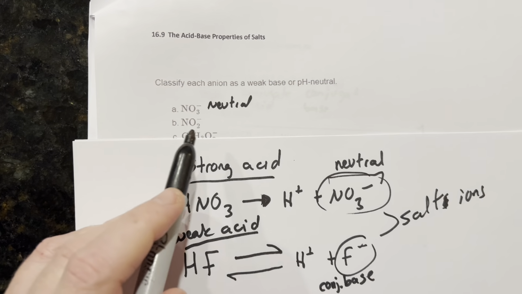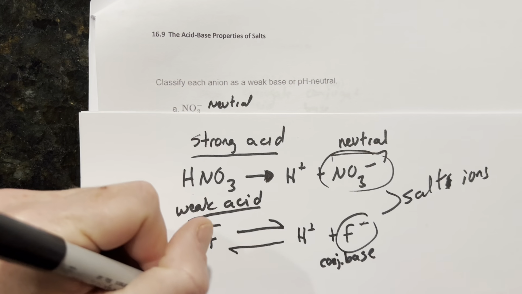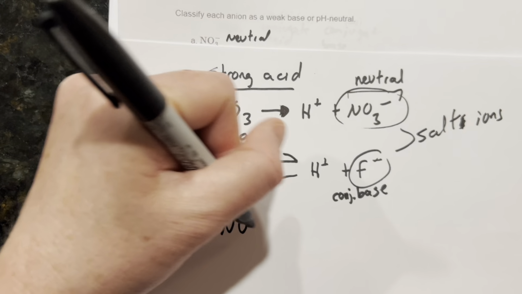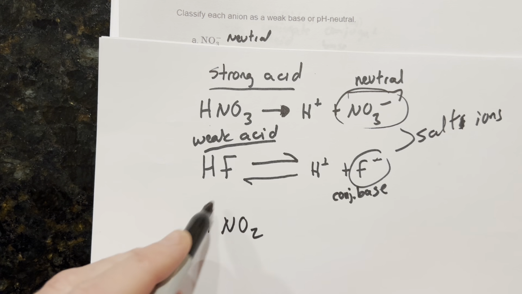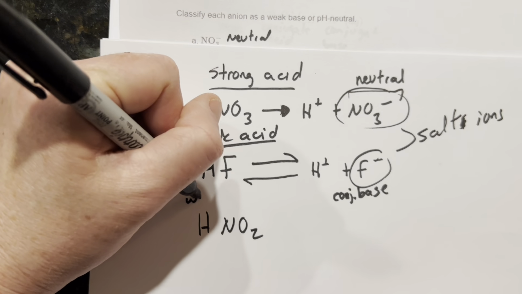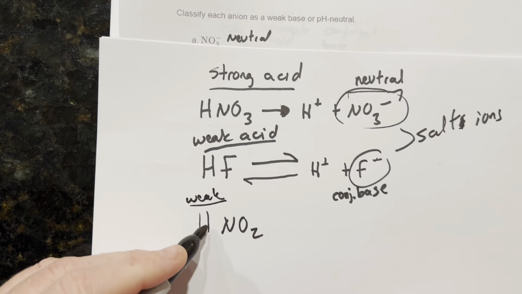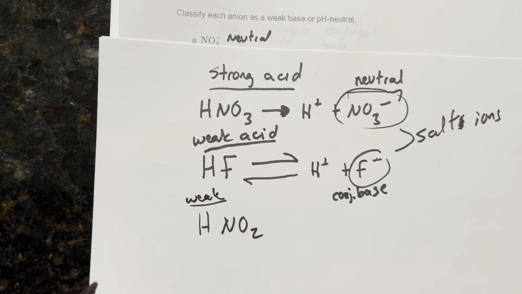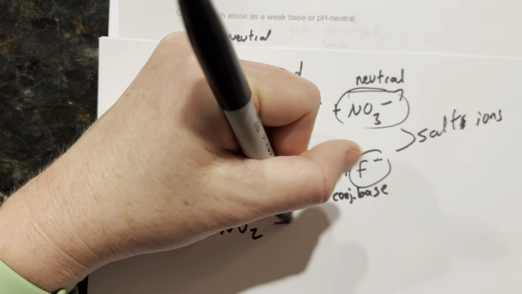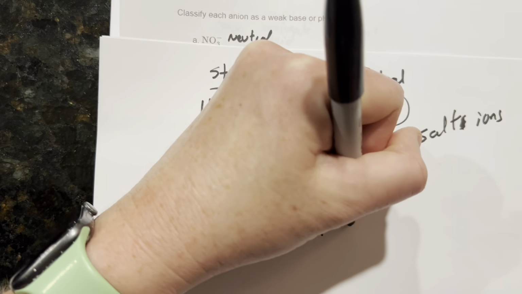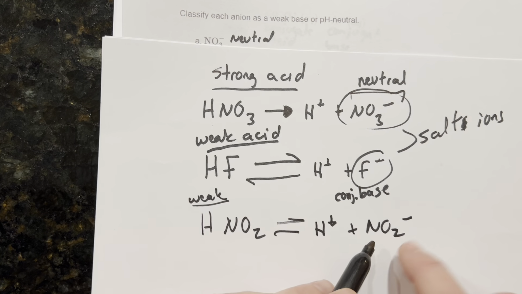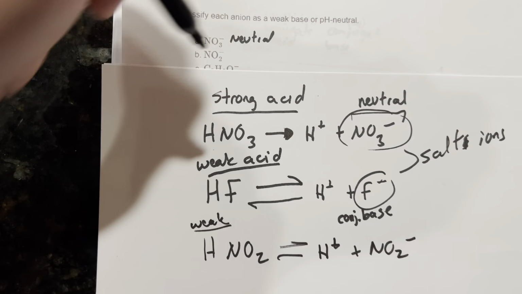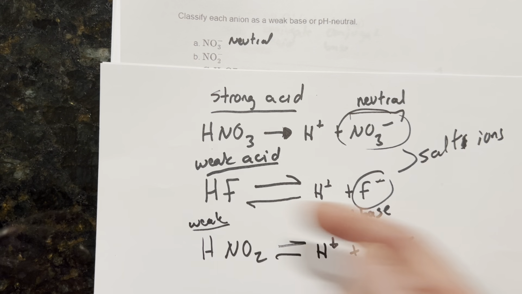As opposed to this NO2, HNO2, is this strong or weak? Hopefully you're shouting that it's weak because it's not on our list of 6 things to memorize. So this would break down into H plus and NO2 minus, therefore NO2 minus must be a weak base.